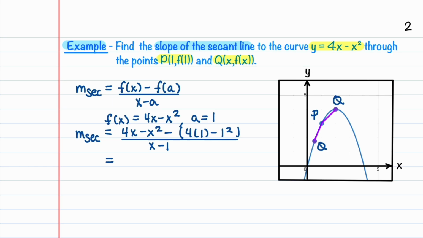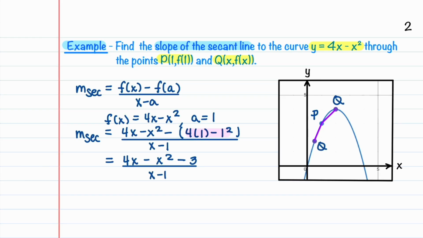Let's now simplify our algebra. This is 4x minus x squared minus, inside the parentheses here, we have 4 minus 1, so that is 3. And we divide this by x minus 1.